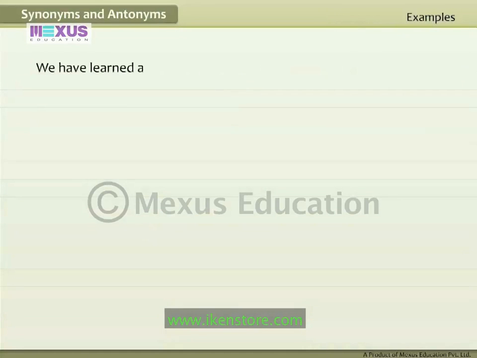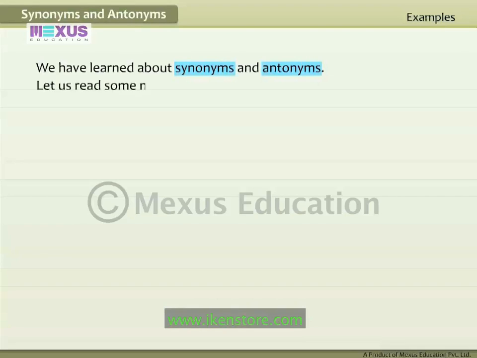We have learnt about synonyms and antonyms. Let us read some more examples.